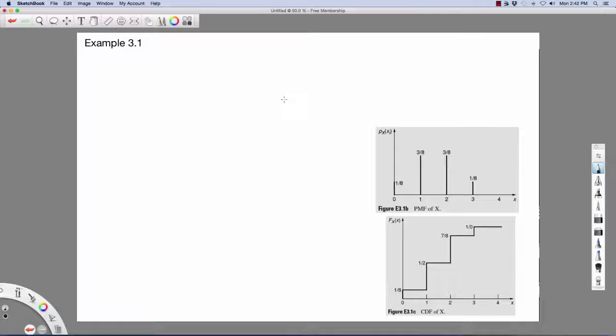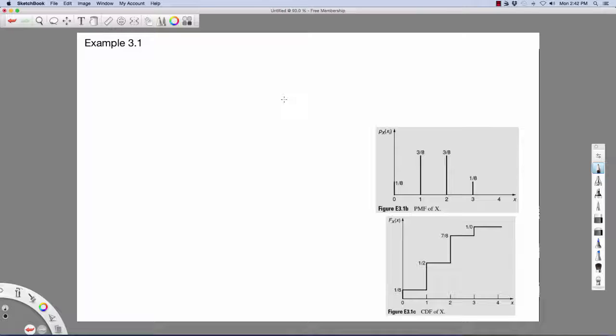This is example 3.1 in the textbook on page 85. So again, we're considering example 2.1 where we have the contractor wanting to determine the probability that a certain number of bulldozers will remain operational after 6 months. They have 3 bulldozers.